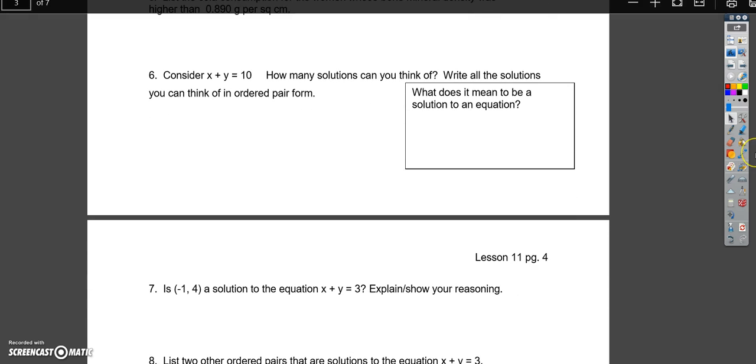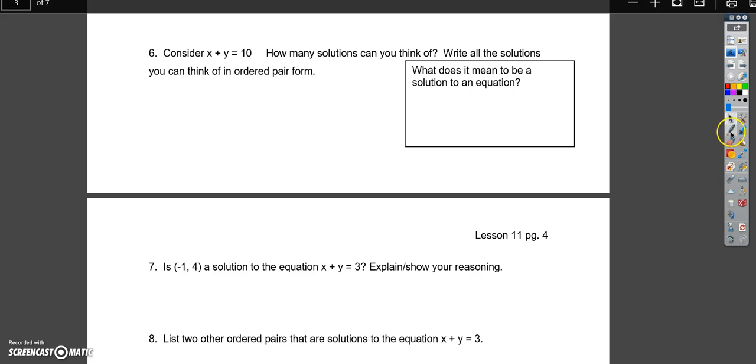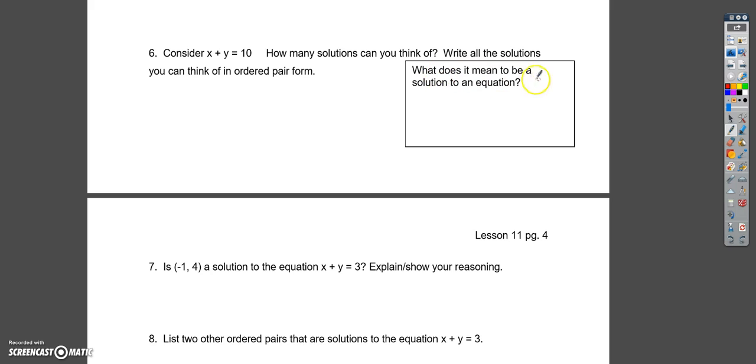Number 6, consider x plus y equals 10. How many solutions can you think of? Write all the solutions you can think of in ordered pair form. So we could say 0 plus 10. We could say 1 plus 9. We could say 2 plus 8. We could say 3 plus 7. 4 plus 6.